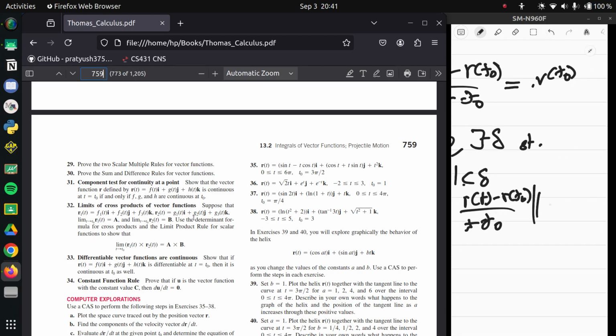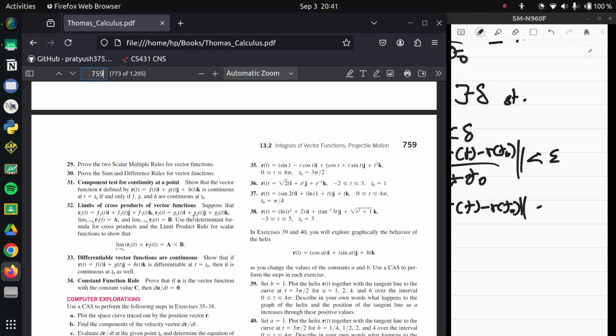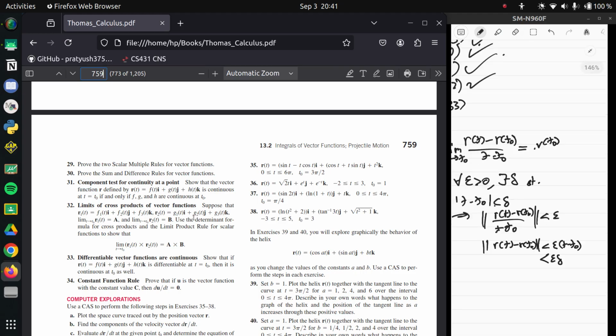But then you can take this outside. It just becomes the norm of r of t minus r of t naught is less than epsilon times t minus t naught. But wait a second, that's less than epsilon times delta, right?